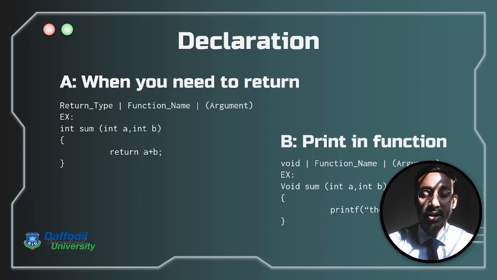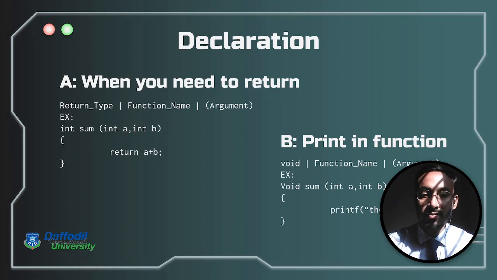And the second type is when you print in the function, that means you don't need to return something in your body, you just print in the function's body. For this reason, you need to write first of all void, and then function name and then argument.